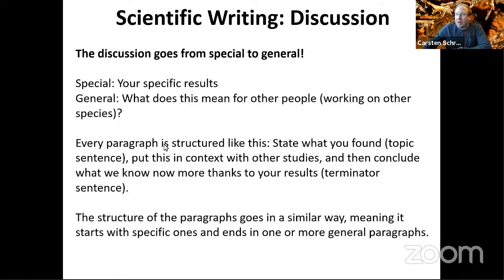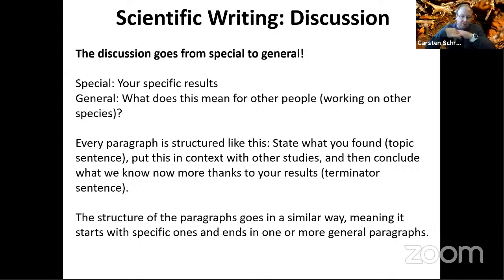There you start with a general context, and then you come to your specific questions. And then mainly every paragraph, except maybe the first and the last one, is structured exactly like this, going from special to general. You start with stating what you found. That can then be the topic sentence of this paragraph. Then you put this in context with other studies, with examples. For example, you say in striped mice, we found that individuals recognize each other individually.